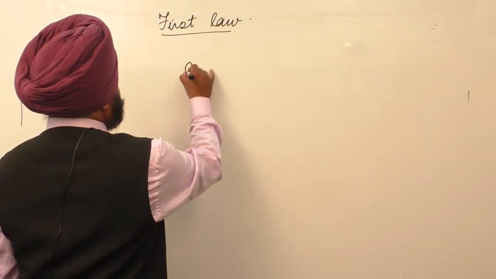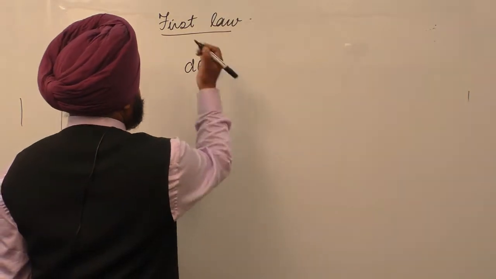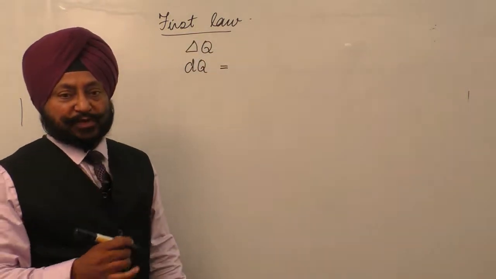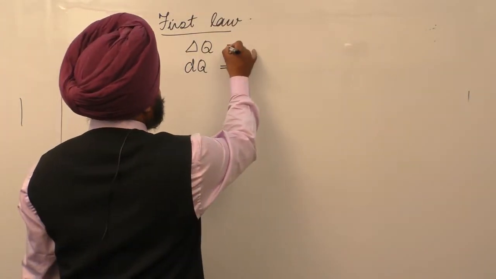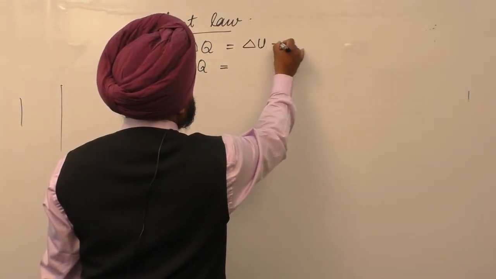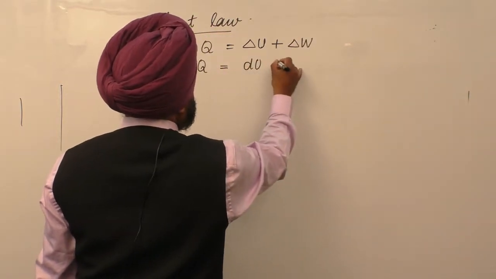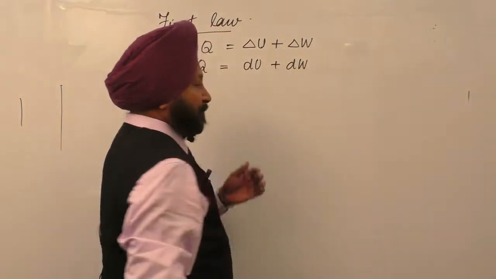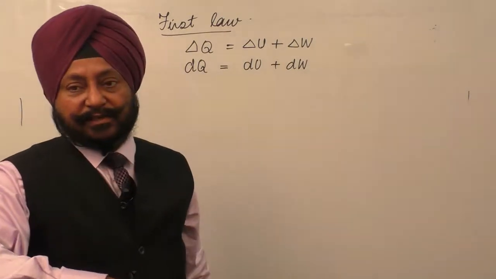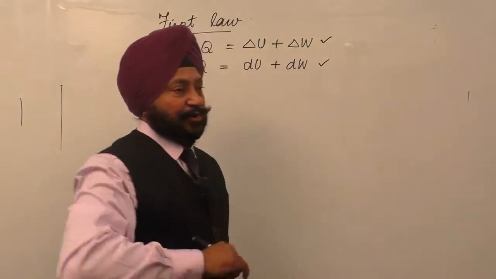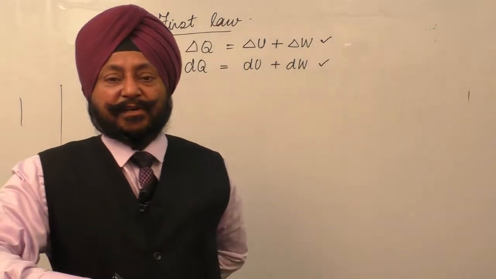Supposing we supply an amount of energy dQ, sometimes we write this as delta Q, which is much smaller than this, to a system. Out of this, the system utilizes this much to change its internal energy, and what remains is the energy available for doing some useful mechanical work. So whether I write it this way or this way, this is the mathematical form of the first law of thermodynamics.